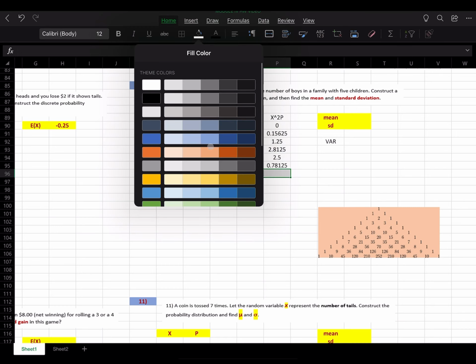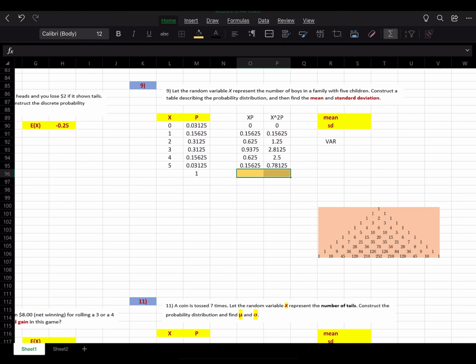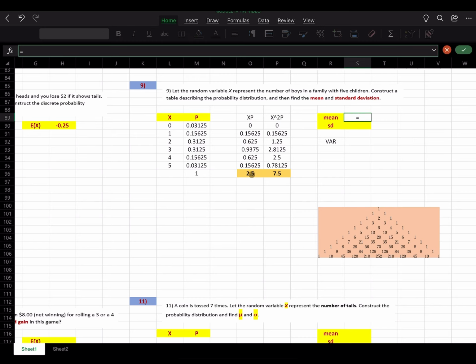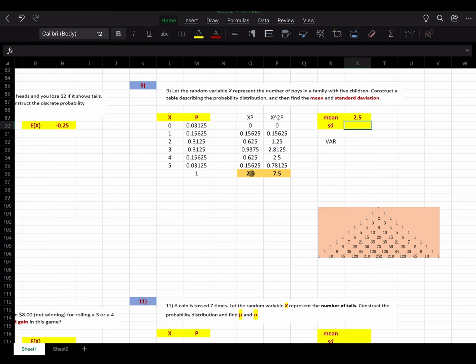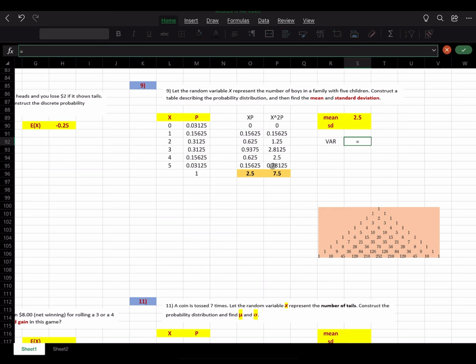Change the color. Bold them. There we go. So the mean, the expected value, will be 2.5. And then I first go and calculate the variance, which is the big number minus the smaller number next to it squared, always.